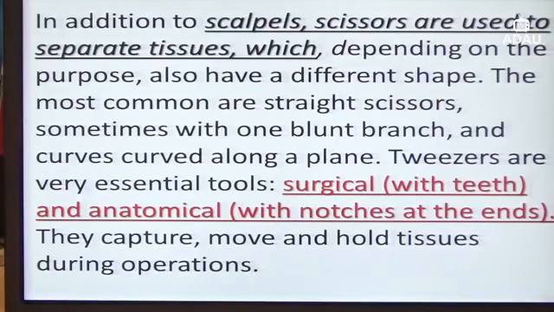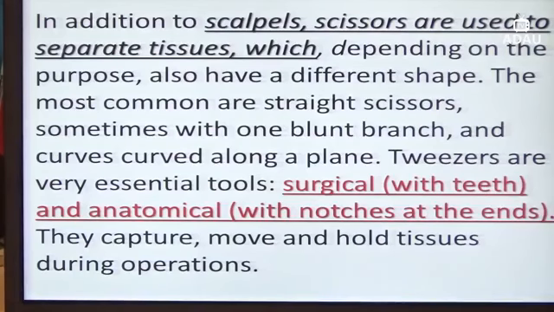And I think surgical tweezers are very easy for me. Why? Because they fix tissue and skin very well during operation, and after that we can cut with scissors or scalpels. Veterinary surgery assistants can use anatomical tweezers, because they fix but without teeth, but it's not comfortable, I think.